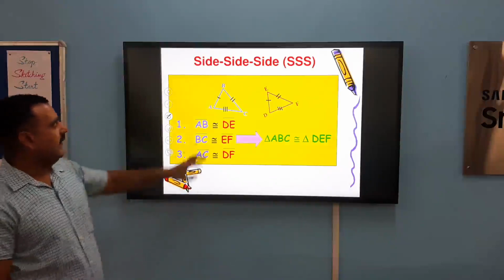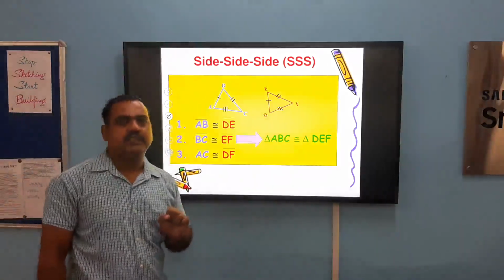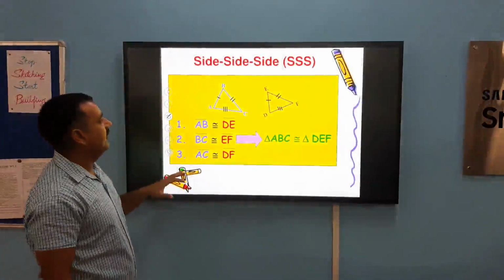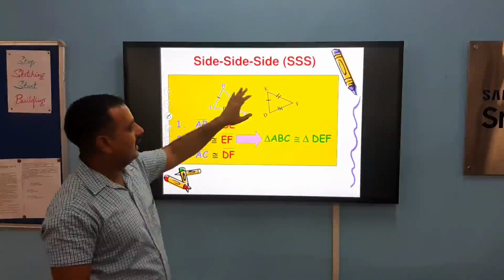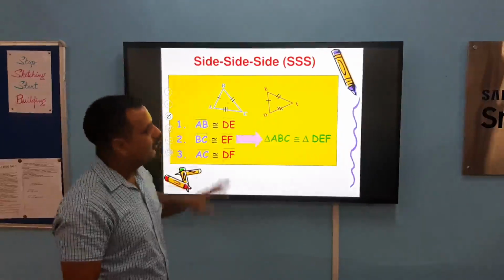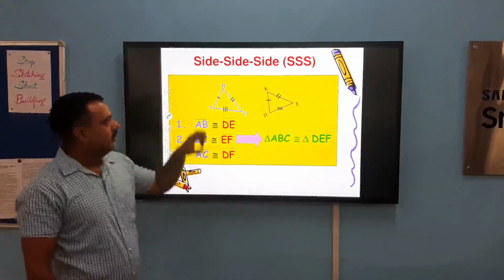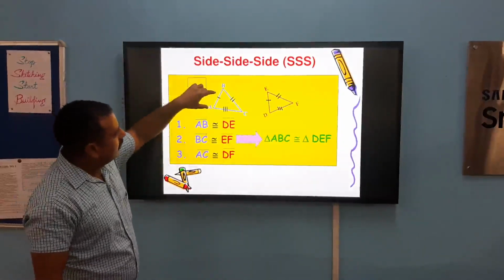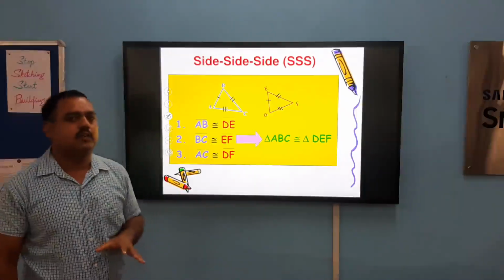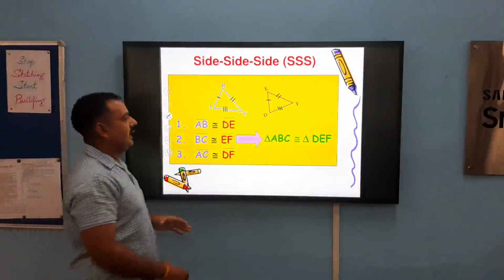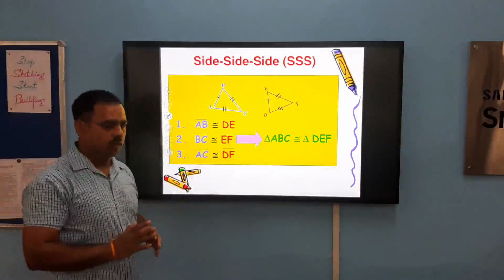Now, the first criterion is side, side, side. In this criterion, we take two triangles, triangle ABC and triangle EDF. If we know that all three sides of one triangle are equal to three sides of the other triangle, then the triangles are said to be congruent.